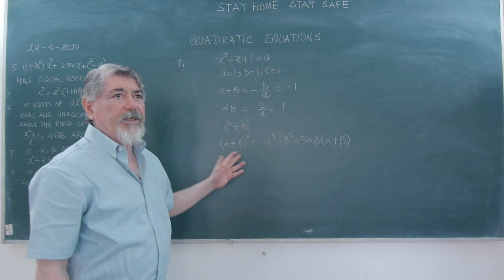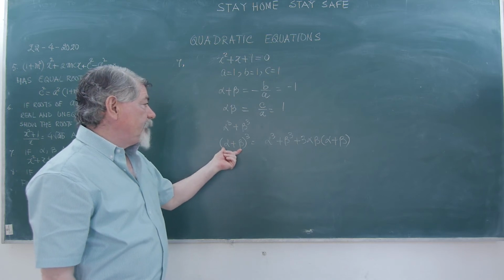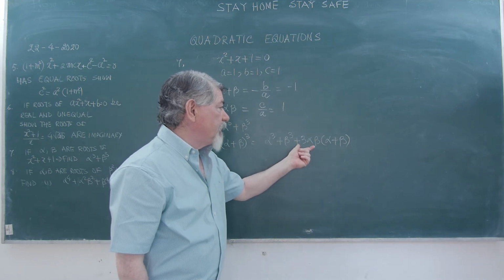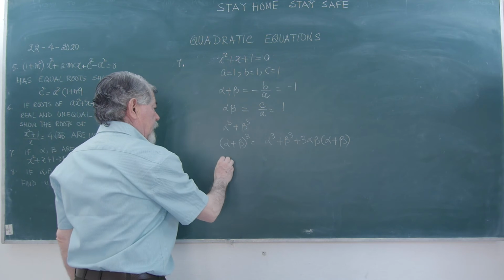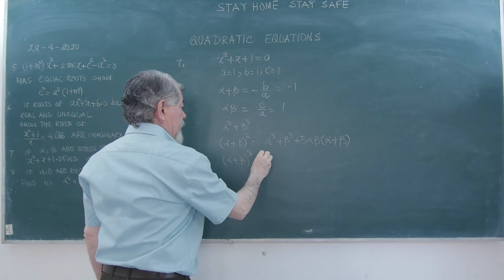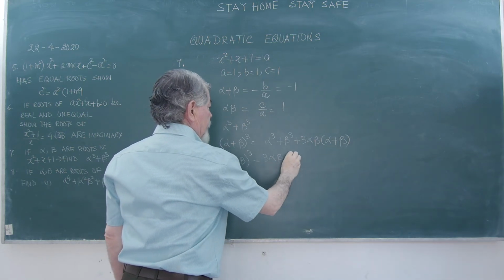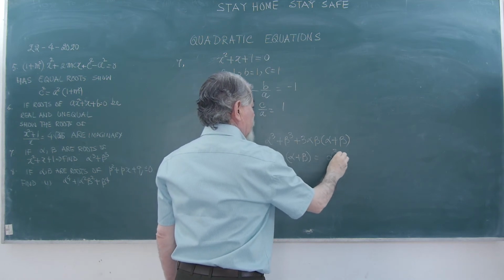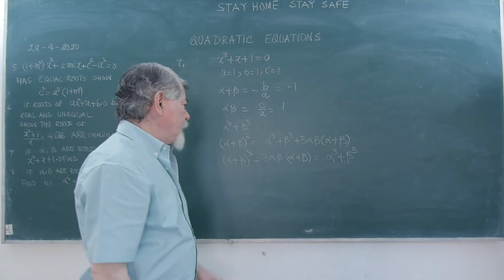Instead of a and b, I have alpha and beta. So alpha plus beta whole cube minus 3 alpha beta into alpha plus beta will be equal to alpha cube plus beta cube, which we want to calculate. Just substitute the values.